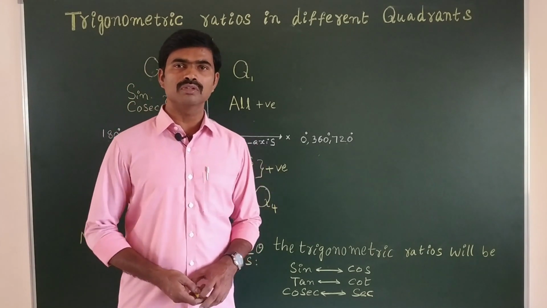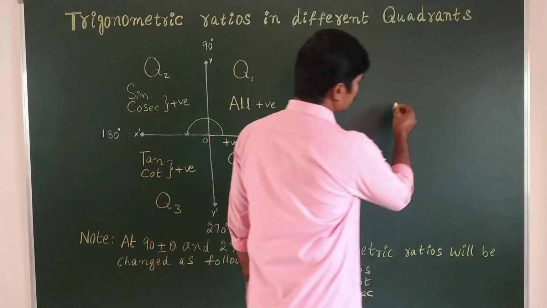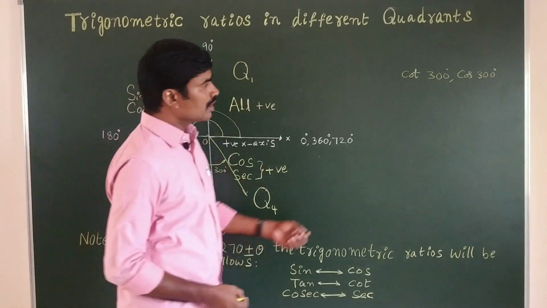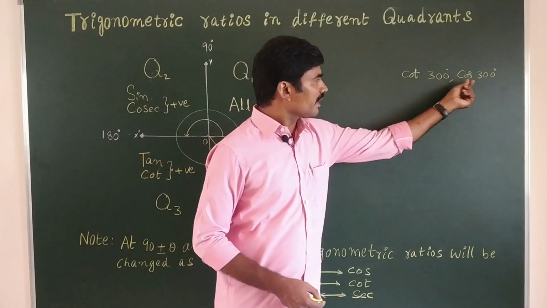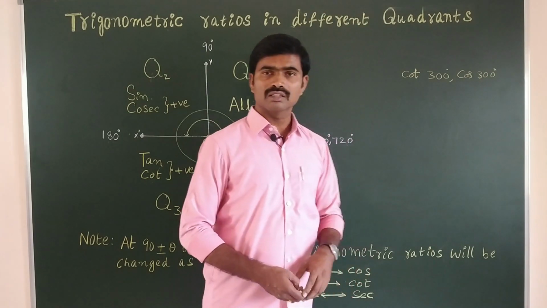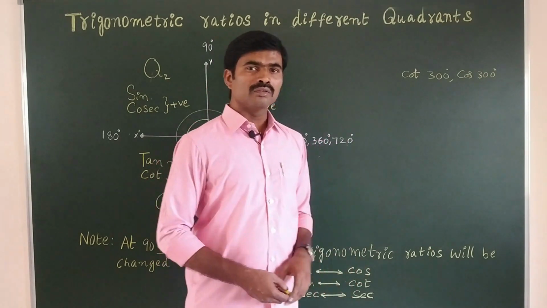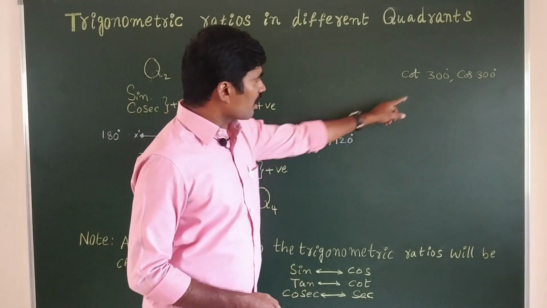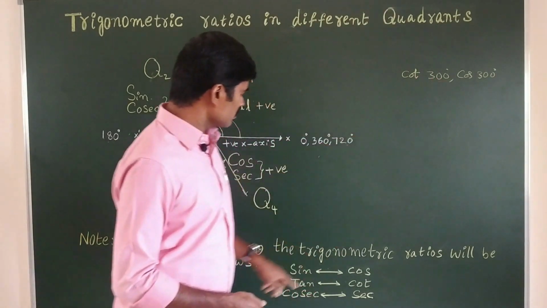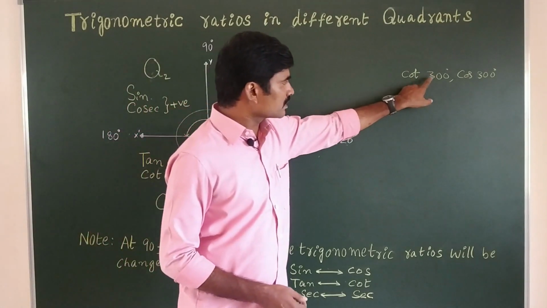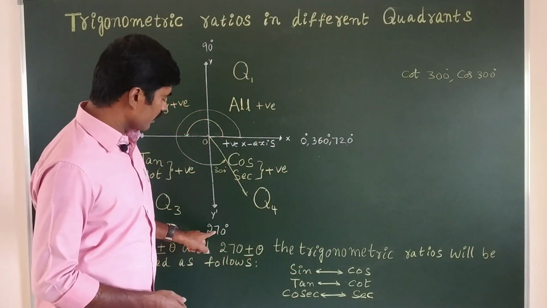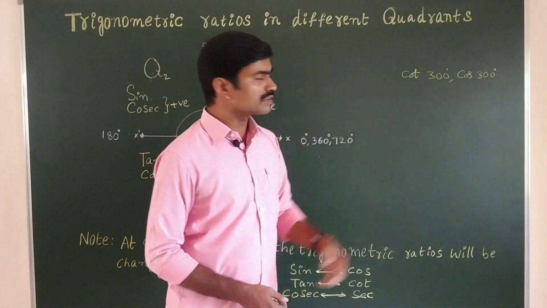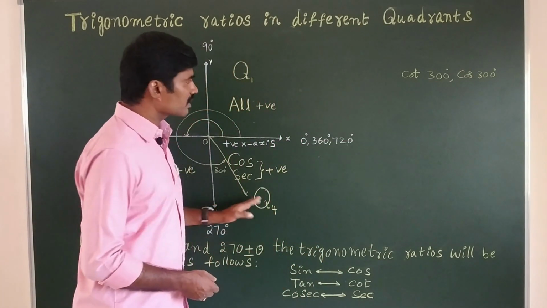One more example, 300 degrees. 300 degrees lies in Q4. See two more examples, cot 300 degrees and cos 300 degrees, without calculating on the paper. So cot 300 degrees we can write with quadrant ending angles 270 or 360. So we can write cot 300 degrees as cot 270 plus 30 degrees.